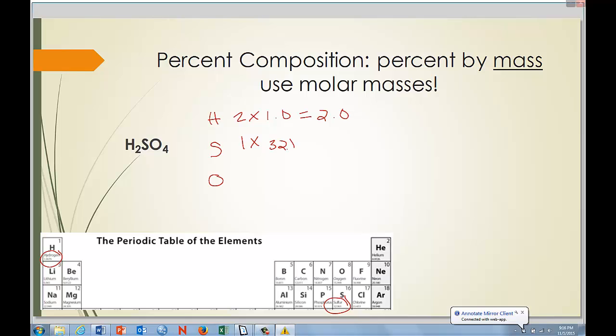So that comes out to be 32.1. And then oxygen, we have 4 oxygens, and the mass of oxygen is 16.0. So that comes out to be 64.0. We add these together to get the molar mass, and that molar mass is 98.1.